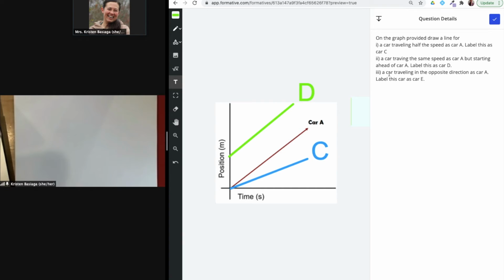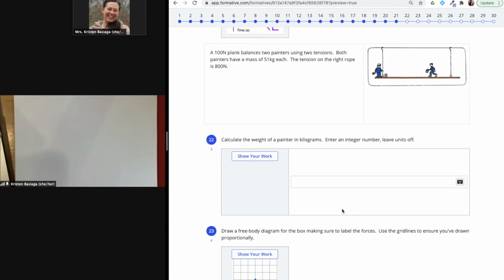Finally, a car traveling in the opposite direction as A would have a negative slope. I'm going to label this E. So we've drawn all our graphs.